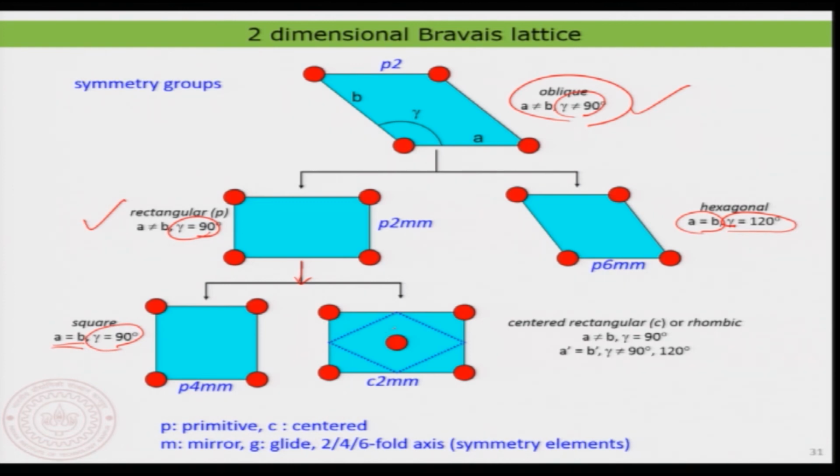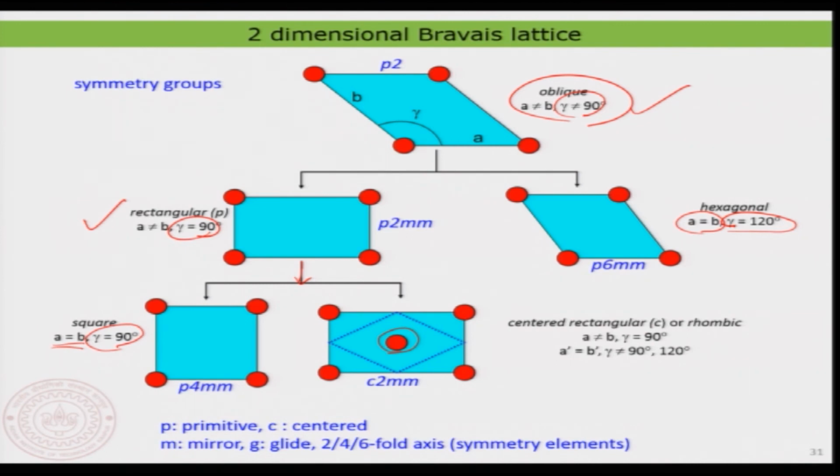Then there is a very special group called the centered group, which has the same characteristics as the rectangular one, but the only difference is that you have something at the center of the rectangular unit cell. So, you can see that all the different possible surfaces can be classified into these 5 different point groups.